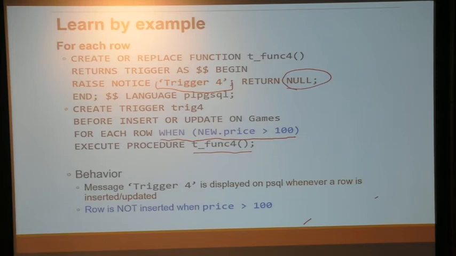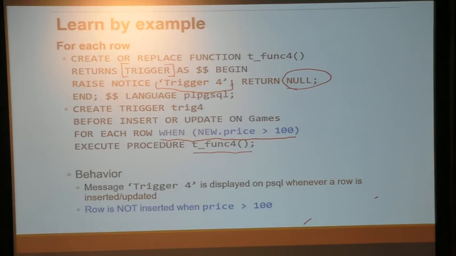However, note that your return type is actually a trigger. So a trigger is basically a very particular type that consists of the tuple that you are trying to insert, that you are trying to remove, that you are trying to update, as well as all the rest of the special variables.